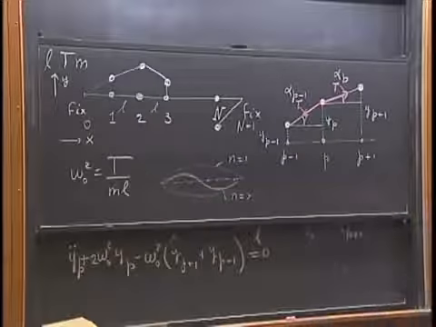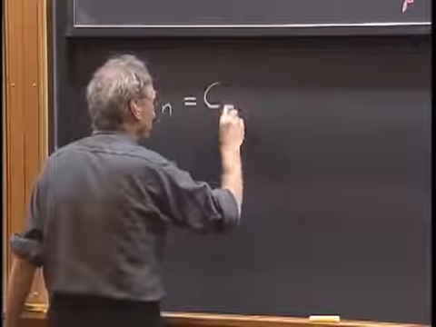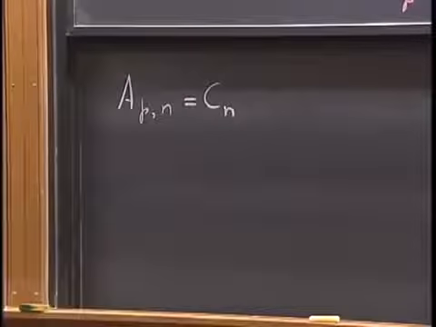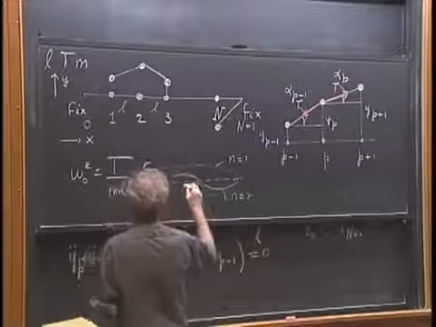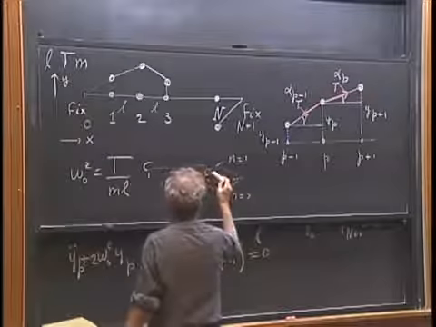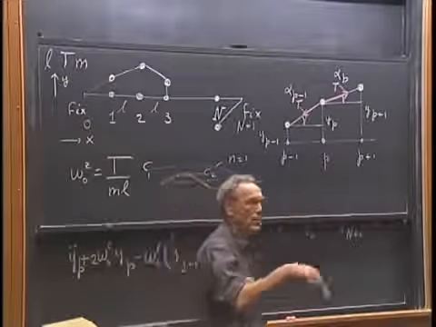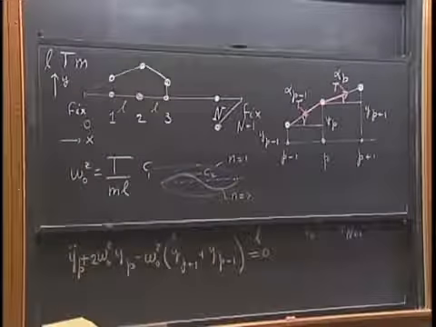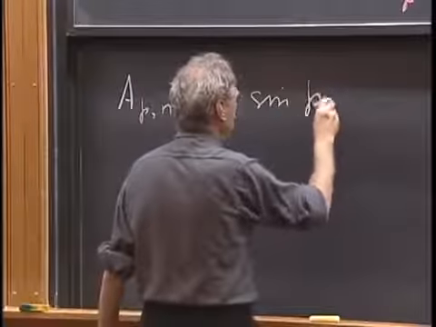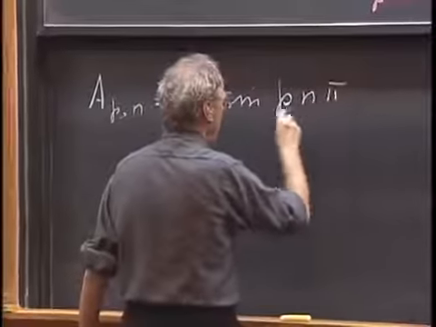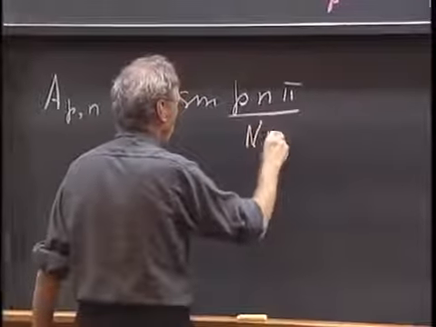And it can have an amplitude, of course, which I can freely choose. So this C of n is the amplitude of this sinusoid. So this is C1, and this value is going to be C2. Each one can have its own amplitude. And then I get the sine of p n pi over n plus 1.